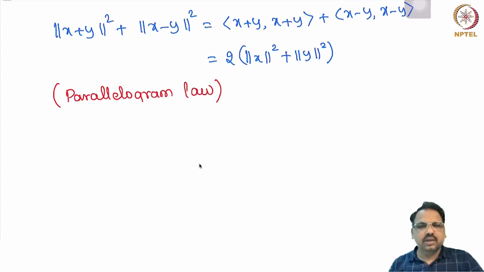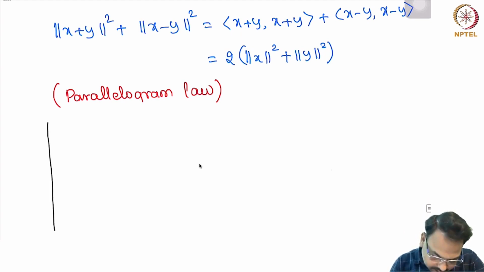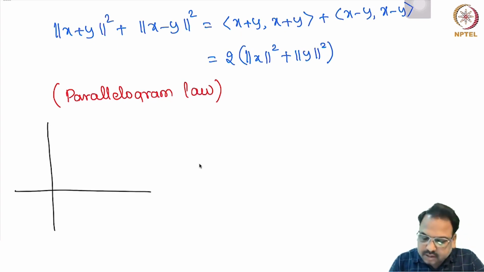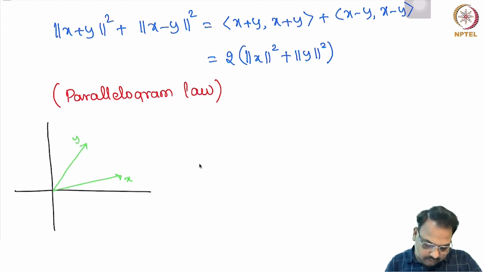This law is an exact generalization of the parallelogram law that we study from Euclidean geometry. Let us look at the parallelogram in the Euclidean space. Take two vectors X and Y and look at the parallelogram.